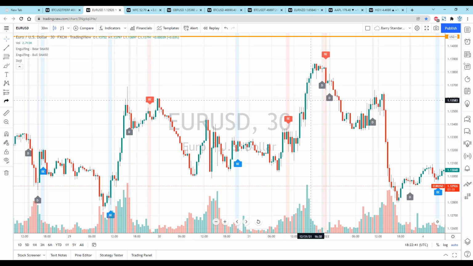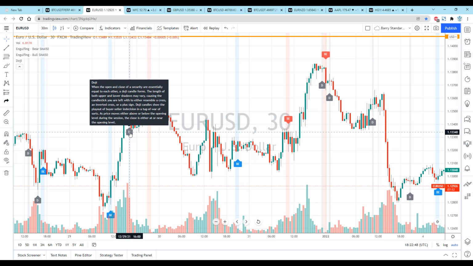Dojis are simply candles that tell you indecision. But a doji appearing at a certain point, like on a support and resistance area in the middle of a strong upward or downward trend, tells you that this market that's been moving with great momentum in a certain direction reaches a certain point, and all of a sudden the buyers or sellers reach an indecision.